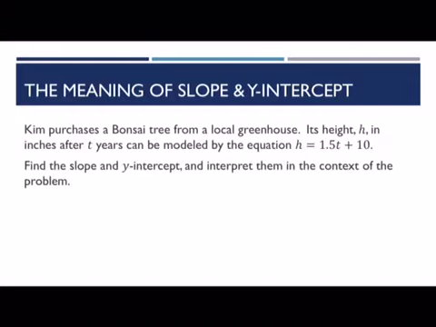Let's see if we can find the slope and the y-intercept and then explain what they mean in the context of the problem. When you see these instructions, we mean what do the slope and y-intercept have to do with the x and the y? So when you're describing these things, you're going to use the units of whatever x is and whatever y is.